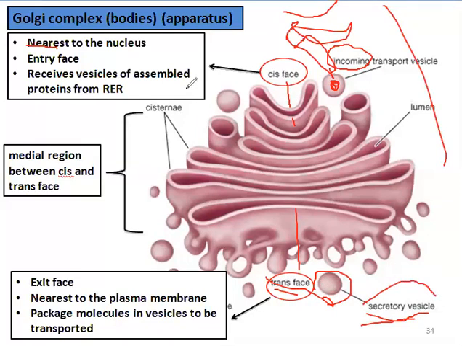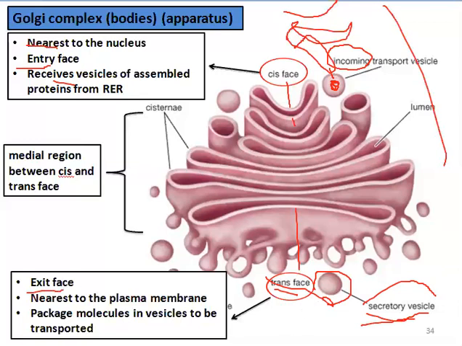To make a resume, the cis phase is nearest to the nucleus and is called the entry phase. This phase receives vesicles of assembled protein from the ER, specifically the RER of course. Then you have the trans phase, which is called the exit phase.